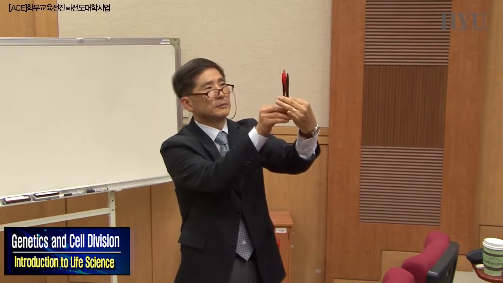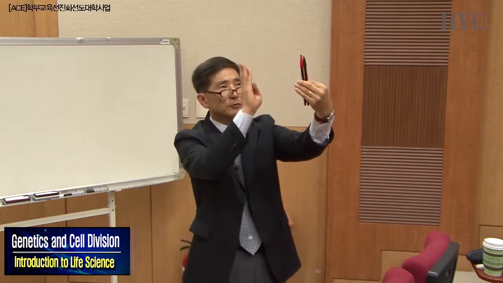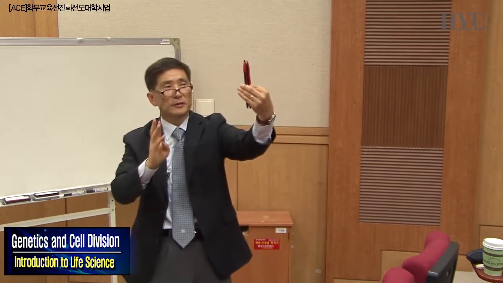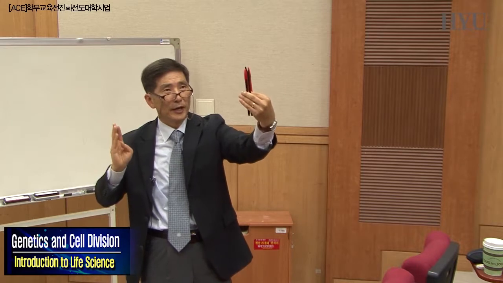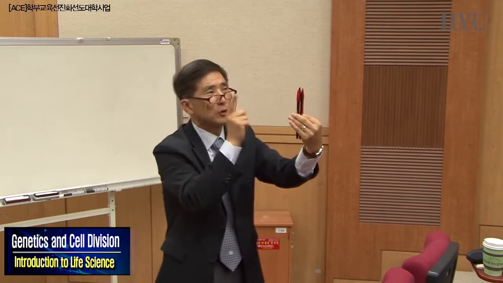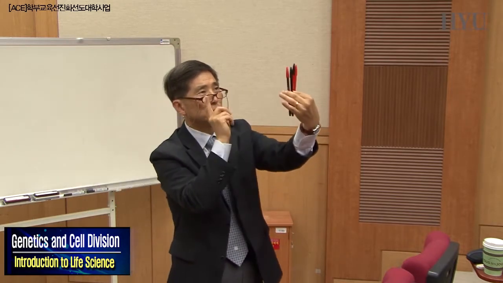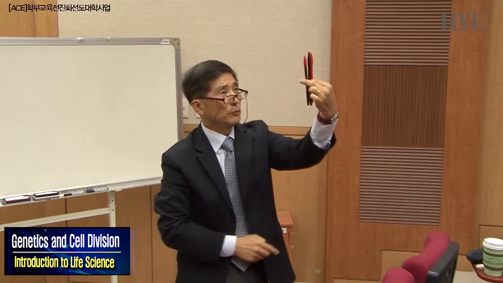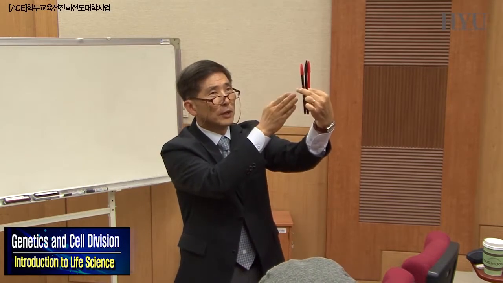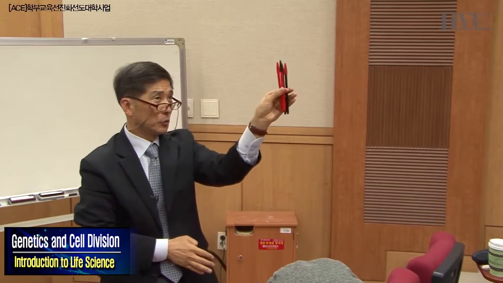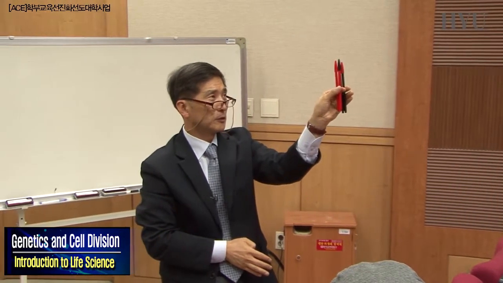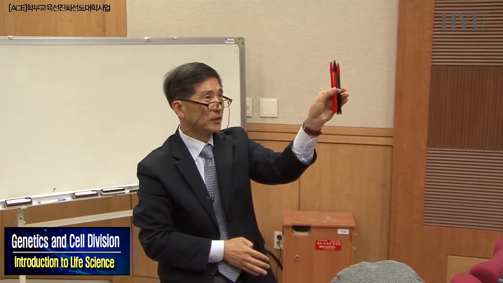And then second, metaphase 1. They all aligned up. This is chromosome 1, this is chromosome 2, this is chromosome 3, this is chromosome 4. Now you have one more choice. Your chromosome number 1 can align this way or this way. Does it make any difference?